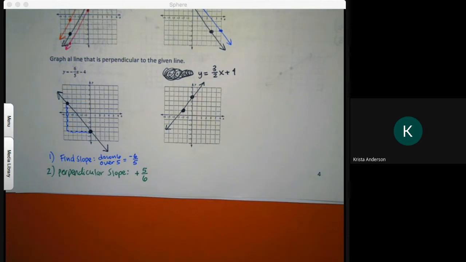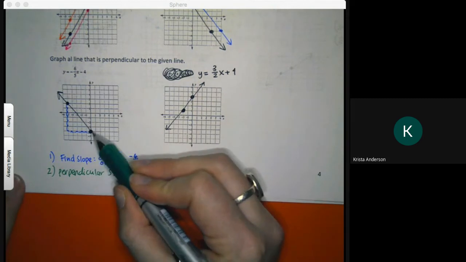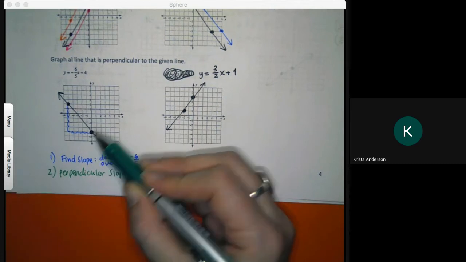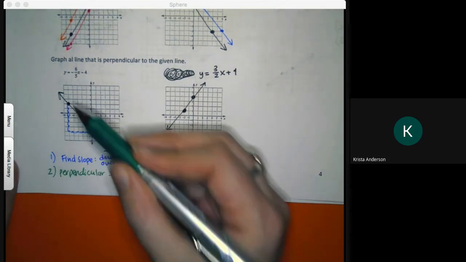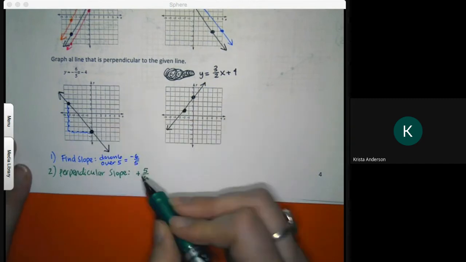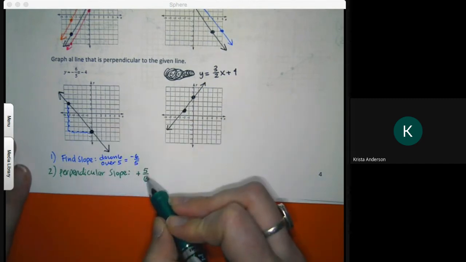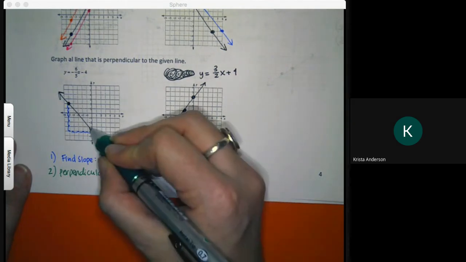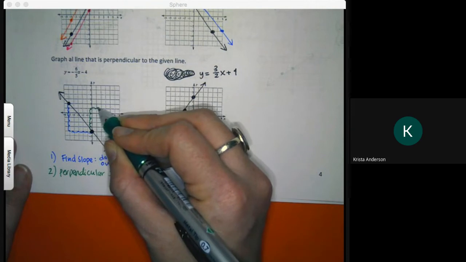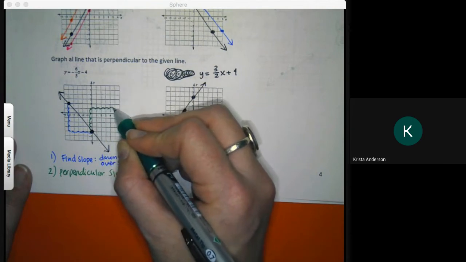There's perpendicular. When I graph it, I will click on one of the points that was already given. You can pick. I could click on this top one, or I could click on this bottom one. I'm going to click on the bottom one. I'm going to go up 5 over 6. 1, 2, 3, 4, 5. 1, 2, 3, 4, 5, 6.